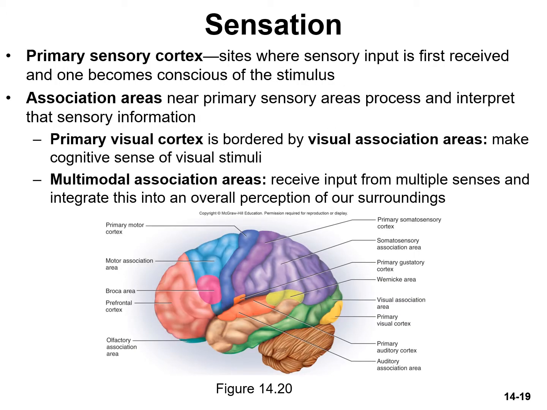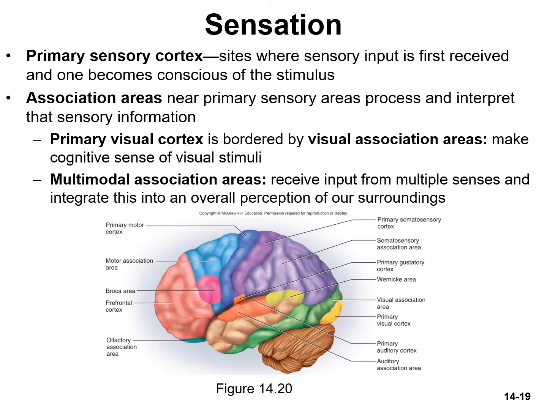The primary sensory cortex are sites where sensory input is first received and one becomes conscious of the stimulus. The association areas near primary sensory areas process and interpret the sensory information, and these include the primary visual cortex and multimodal association areas.